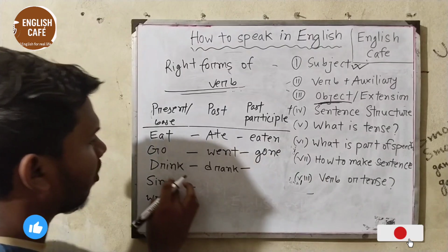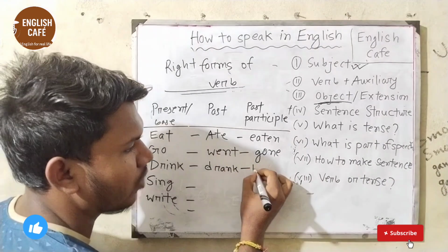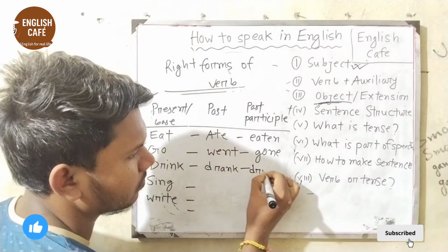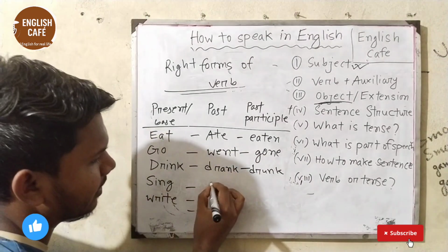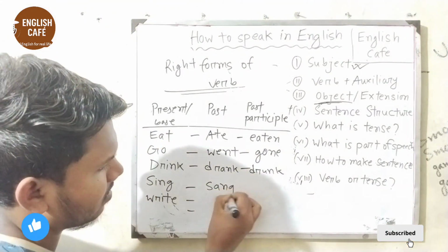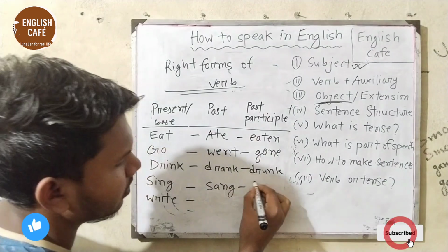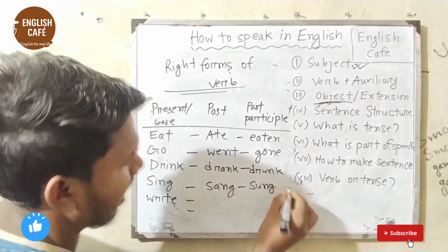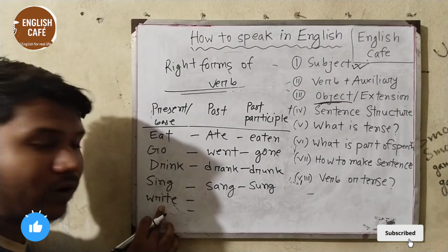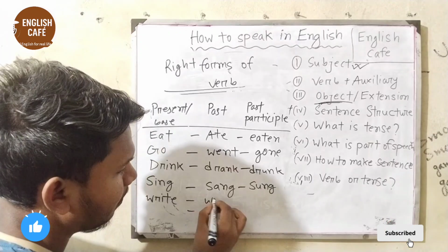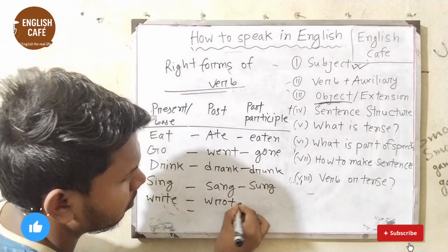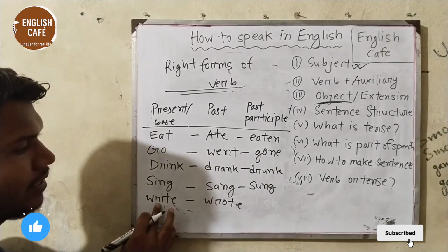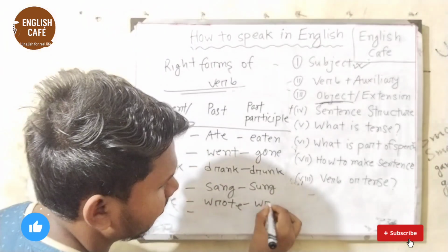And past participle form of drink is drunk. Sing. The past form is sang. Past participle form is sung. The last one is write. The past form of write is wrote. The past participle form of write is written.